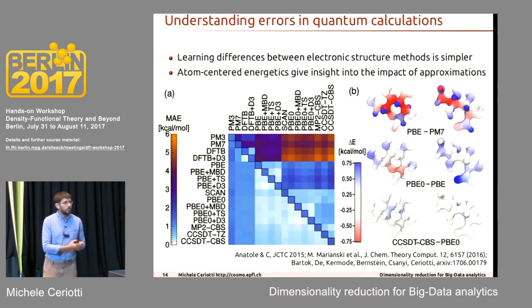So another example, and this is data from Karsten actually, you can use this scheme to machine learn the energy differences between different levels of electronic structure theory. Now, I could quote again the fantastic accuracy we get.